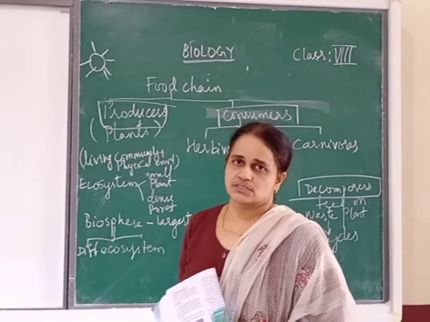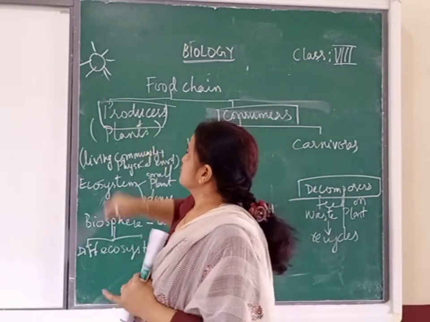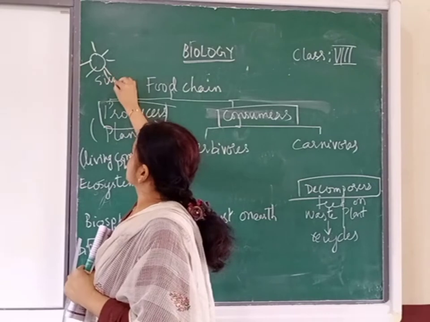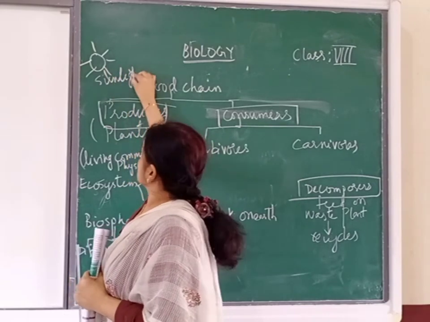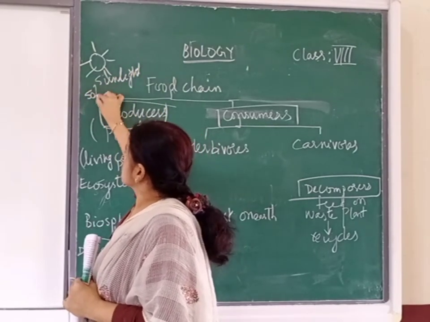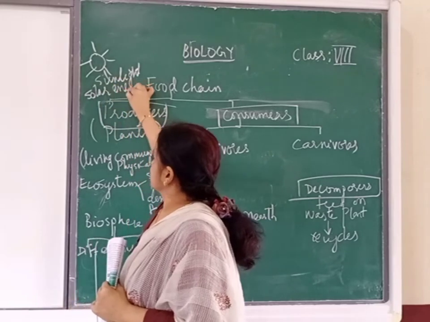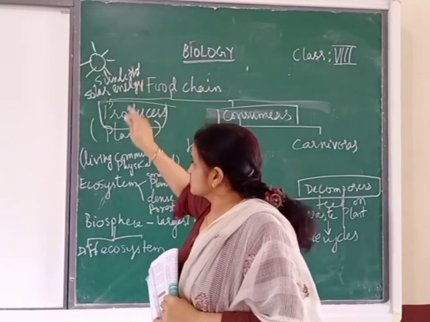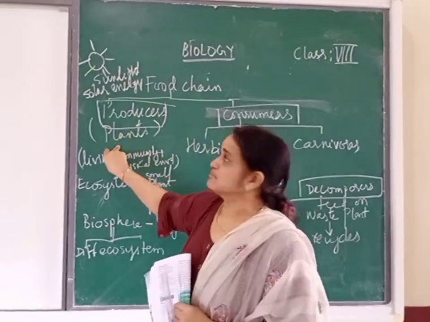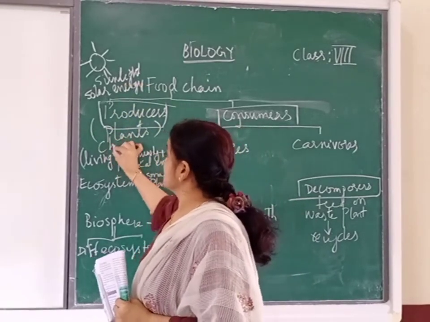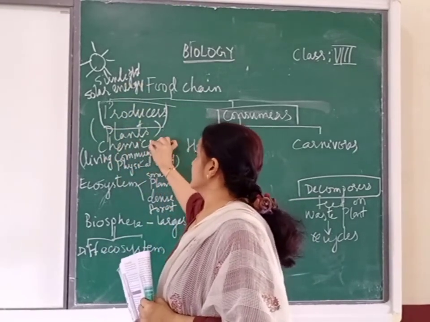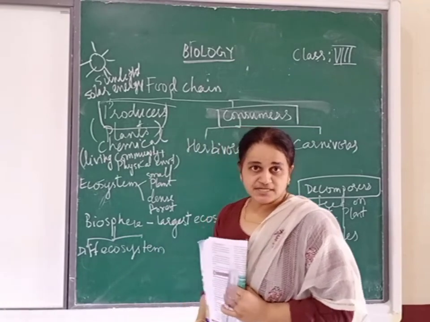Like glucose, taking energy from sunlight. That means you are fixing which energy? Solar energy. Solar energy is fixed by these plants. That means solar energy is getting converted into which energy? Chemical energy. So did you understand?